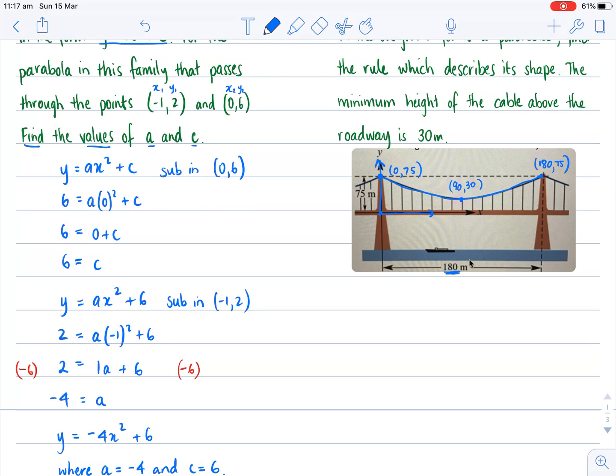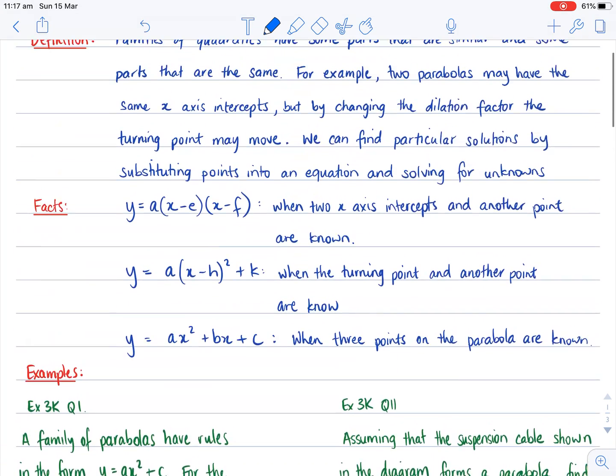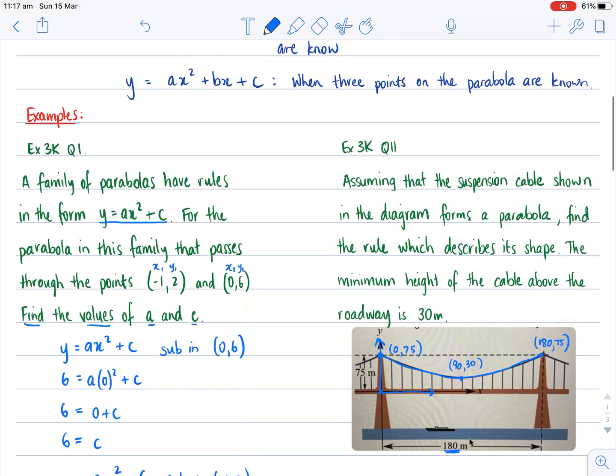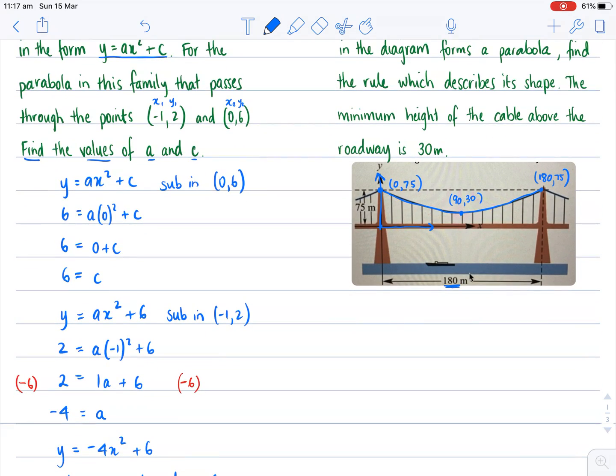Or I could do this using all 3 points, but I think the easiest way will be to use the turning point. So I'm going to start with the rule that tells me what the turning point is when I know another point. I'm going to write out my rule as y equals a bracket x minus h squared plus k.